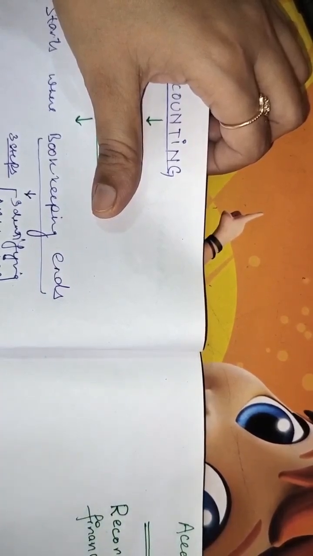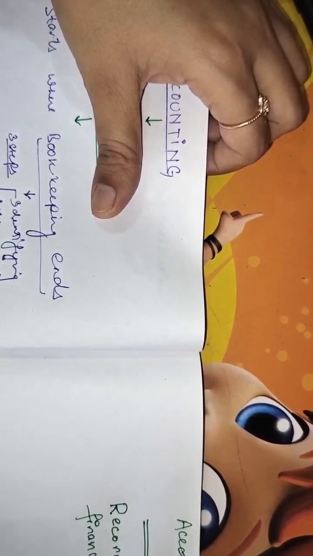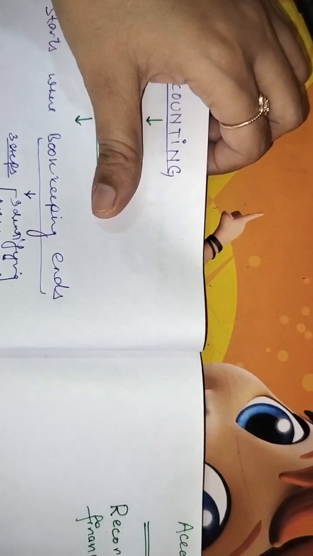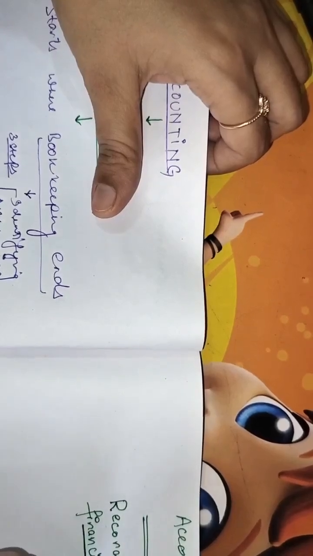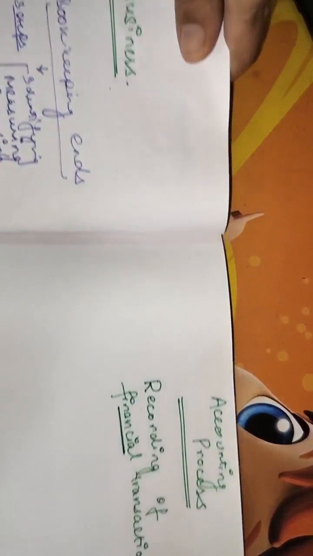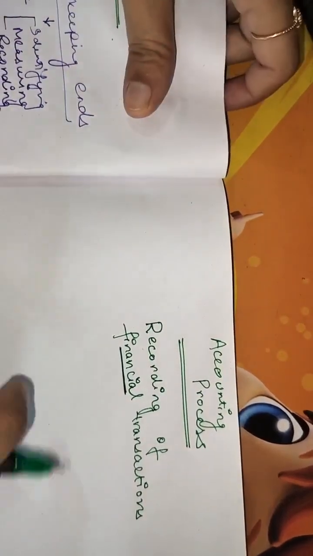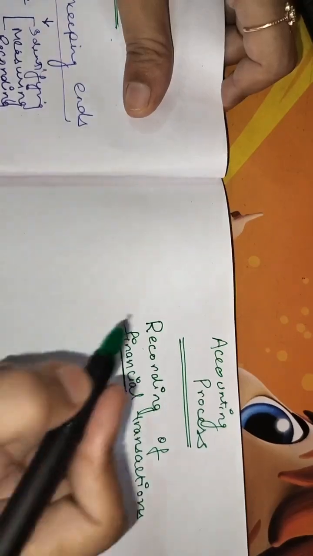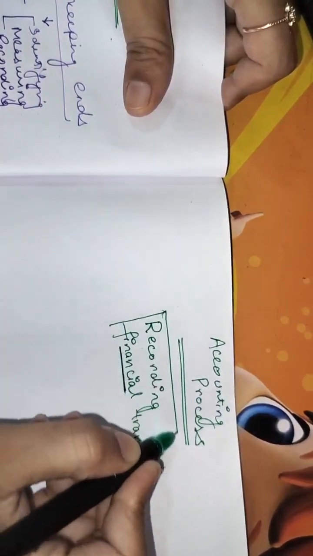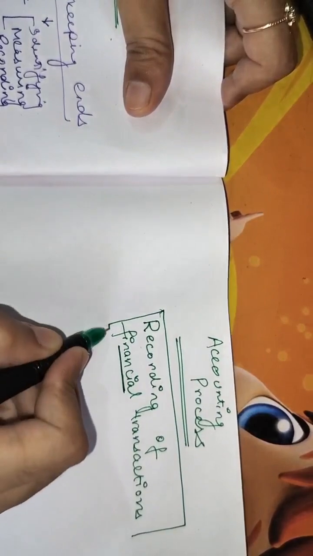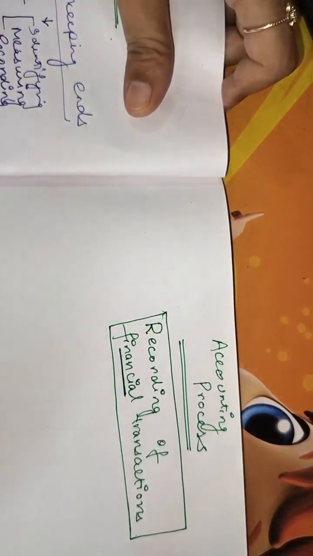Again and again I'm repeating that only those transactions will be recorded in the books of accounts which are of financial nature or monetary terms or money related terms. Recording of the financial transactions is the first very step in the process of accounting.